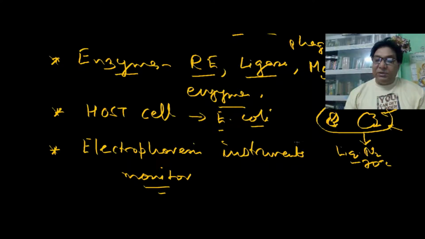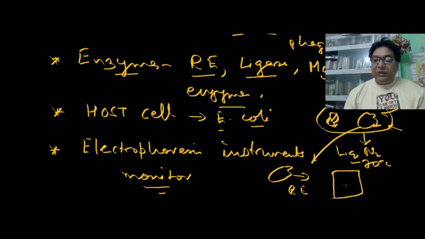You can take out this DNA and check by making the same restriction digestion, and then you can run it on a gel to see whether the same band is being formed or not. So to verify or to monitor all these changes that you are going to make during recombinant DNA technology, you need an electrophoresis instrument also.